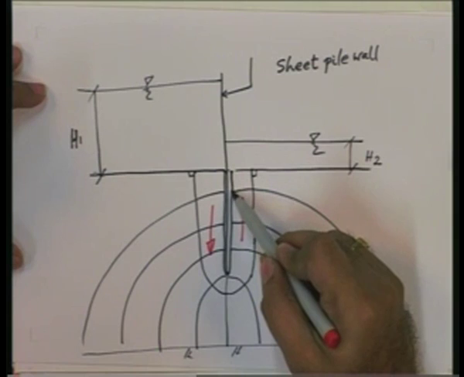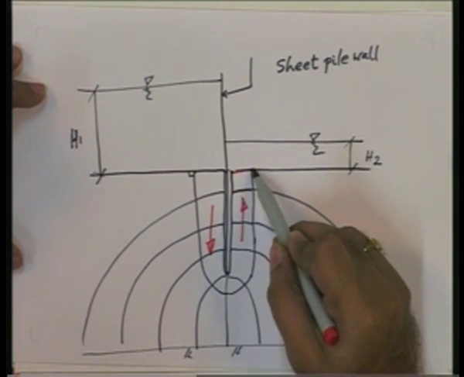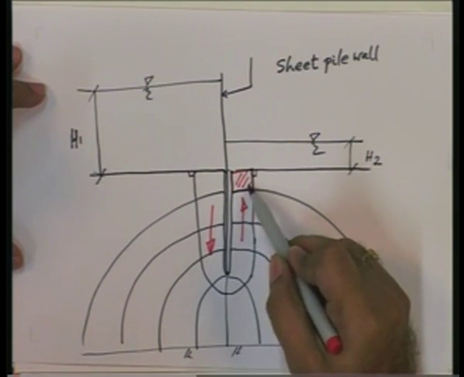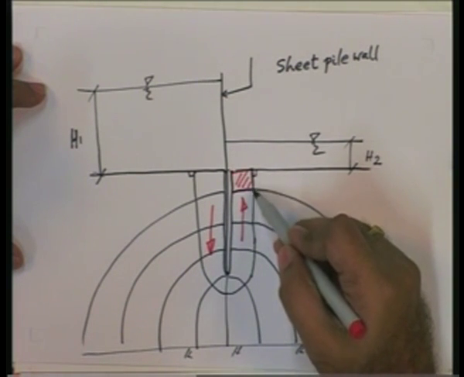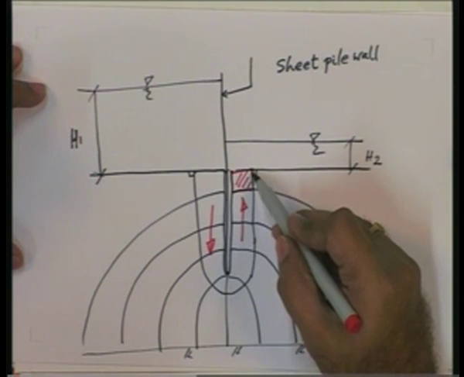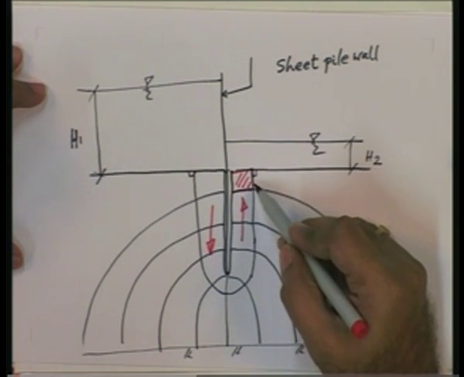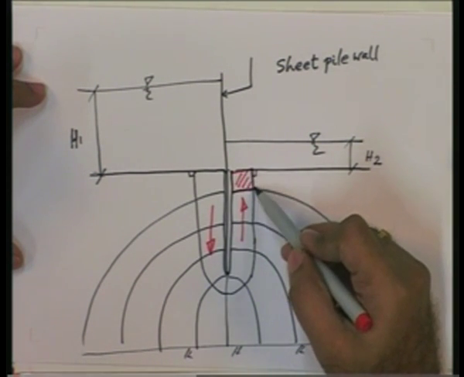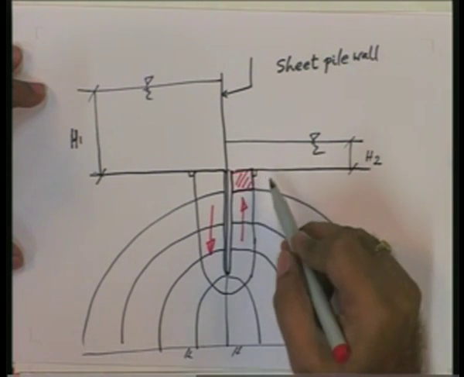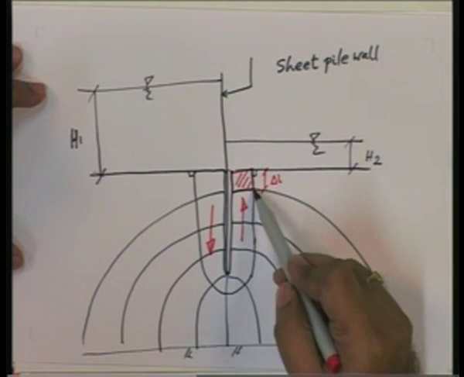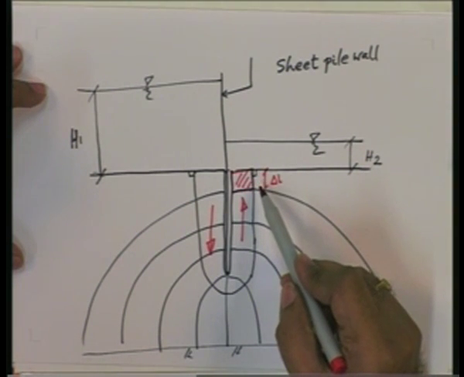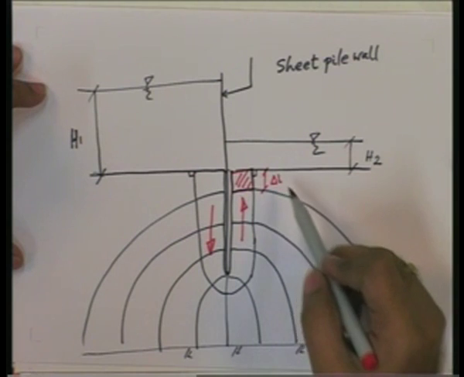Suppose this happens to be the head occurring here, the head loss occurring between these two equipotential lines happens to be delta H, and this length is, say, delta L. This length delta L can be obtained from the flow net construction.